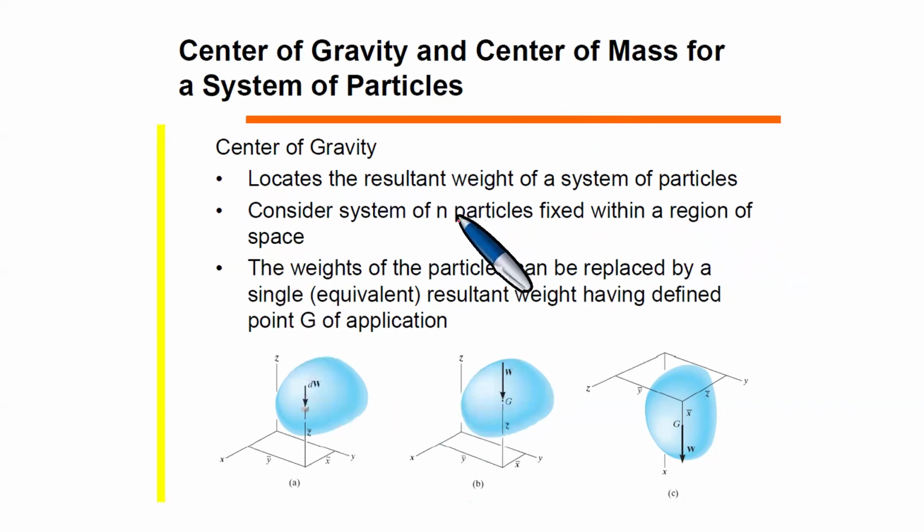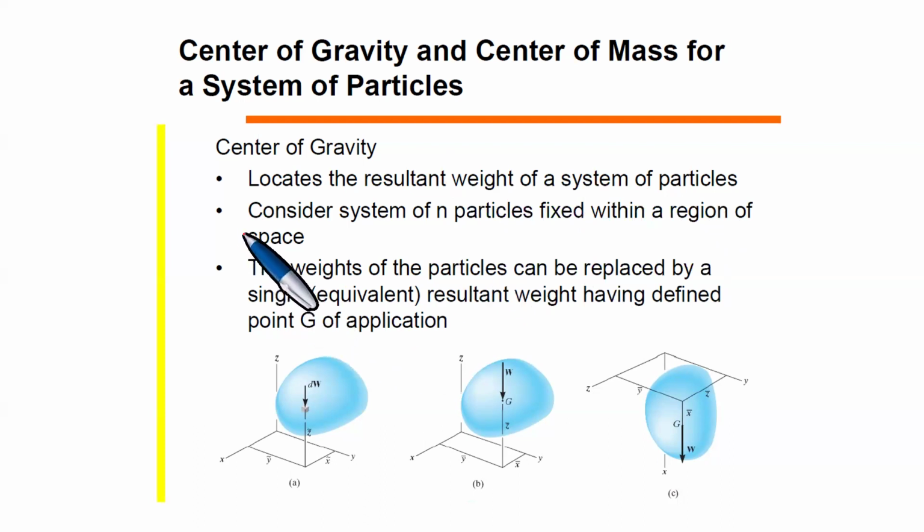Now, one focuses on a system of particles that constitutes a body, an object, and we attempt to locate the resultant weight of a system of particles. To find the resultant weight is what brings about what we call the center of gravity. So the center of gravity locates the resultant weight of a system of particles.